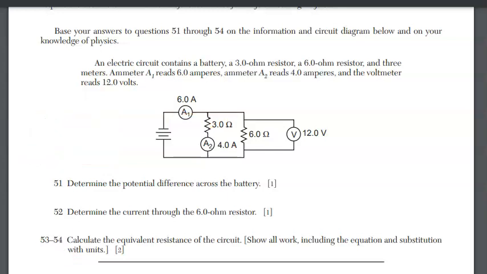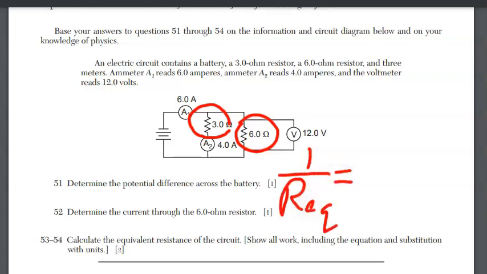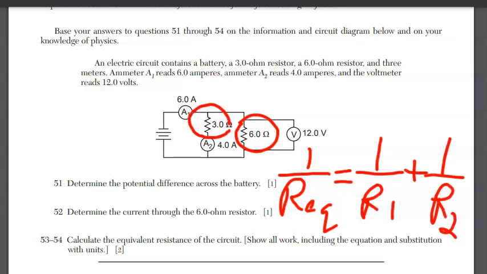All right, what do I have? I have two different resistors here. One is 3 ohms and one is 6 ohms. And we're asked for total. Since it's a parallel circuit, we have 1 over Req is equal to 1 over R1 plus 1 over R2. It doesn't matter, I'll make this R1 and this R2. Now I have to plug it in and solve. This is where students can make a mistake.